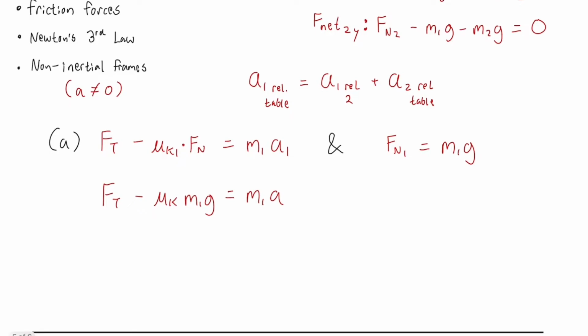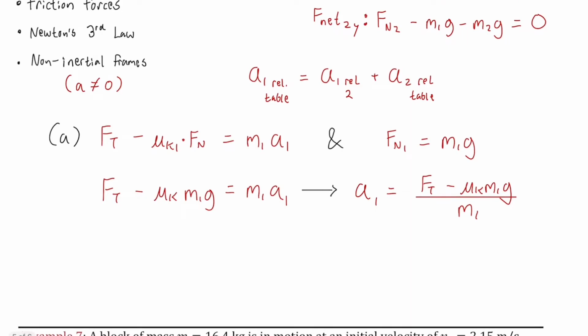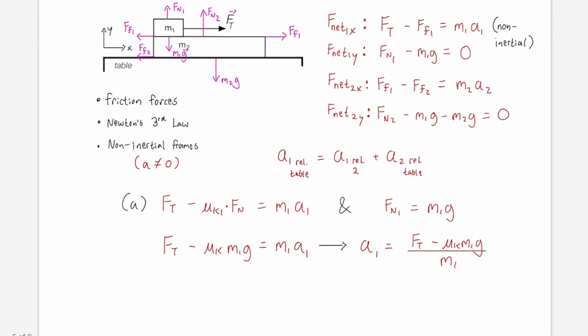Then, solving for the acceleration, A1 is going to be just the tension force FT minus mu k m1 g, and then divided by m1. So that is going to be our first acceleration.